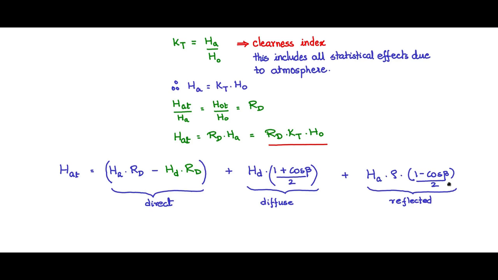The diffuse and the reflected component will be the subsidiary components which will supplement the direct component. So give a lot of importance to this portion of the equation. The other empirical portions of the equations are added to make HAT much closer to the practical value, much more accurate to the practical measured values.